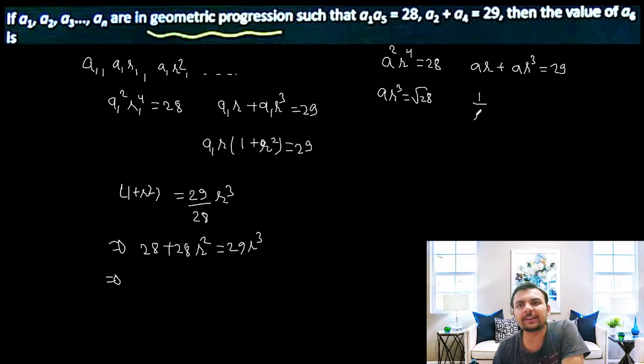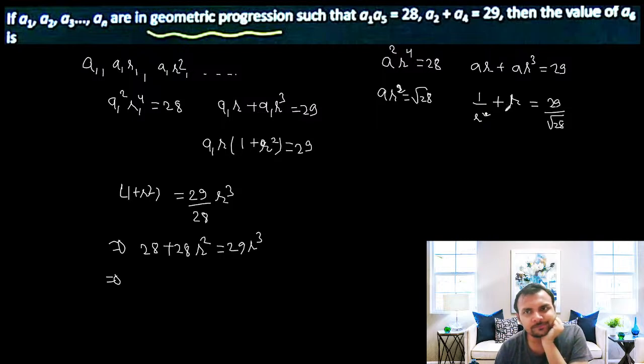So we are getting 1 by R square, this is A R square, 1 by R plus R equal to 29 by root 28. So this is always bigger than or equal to 1. So we have a problem in the question. This should always be bigger than or equal to 2. So how is it happening?